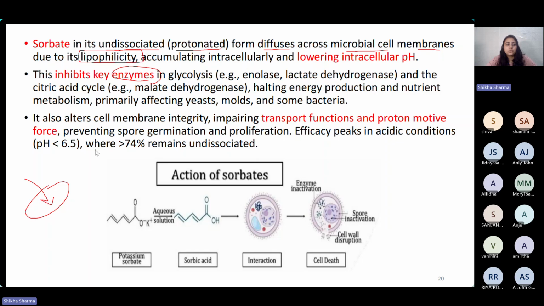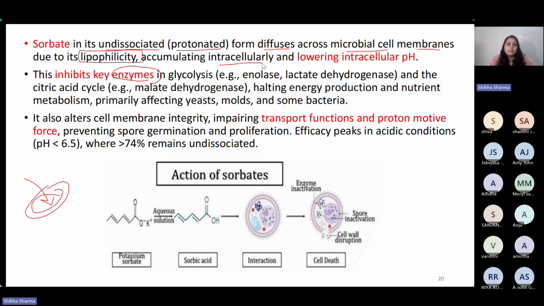Since the cell membrane of the microorganism also has lipid content, and the sorbate is lipophilic, it is going to go inside the cell.